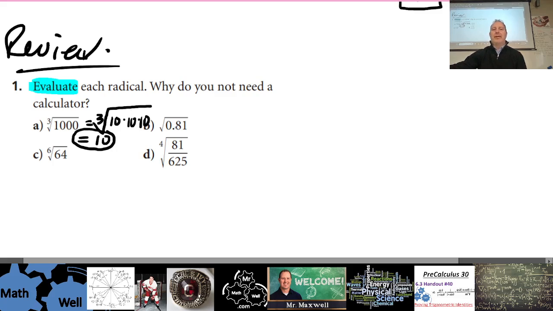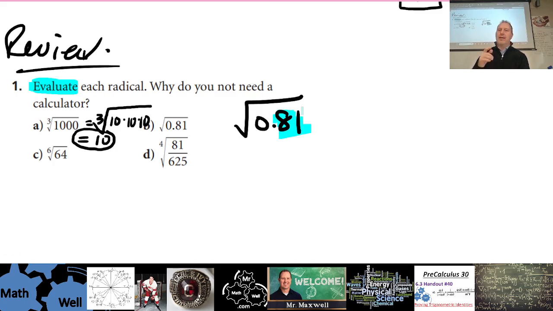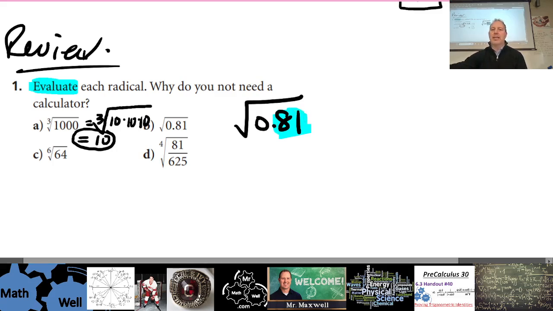If we move over to B here now, so I'll write this a little bit bigger. Root 0.81. What you would notice is that, hey, 81 is a perfect square. You know that one, right? What squared is 81? 9 squared is 81. The decimal part can be a little tricky, but you have 2 decimal places here. So what you're looking for is a number that when multiplied by itself gives you 0.81.